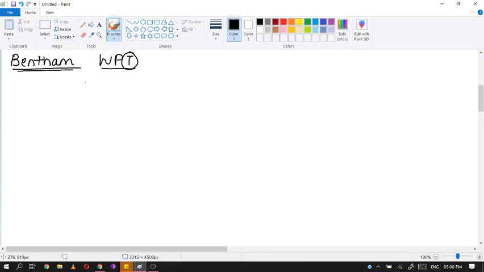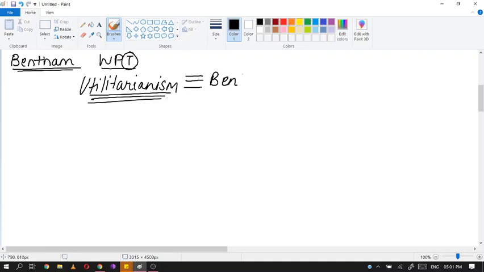It was the utilitarian principle, utilitarianism. And who will be giving the most broad definition of utilitarianism? Bentham. So, we will consider utilitarianism as Benthamism. Ism is for thought, ideology, I think.